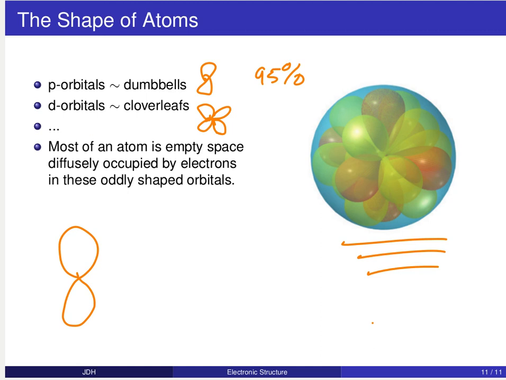But we want to remember that those spheres are not hard. They're mostly empty space. Remember that nucleus is very dense right there in the center. And those spheres surrounding that nucleus are regions of probability of finding the electron. Because the wave-like nature of electrons makes them inherently spread out in space.